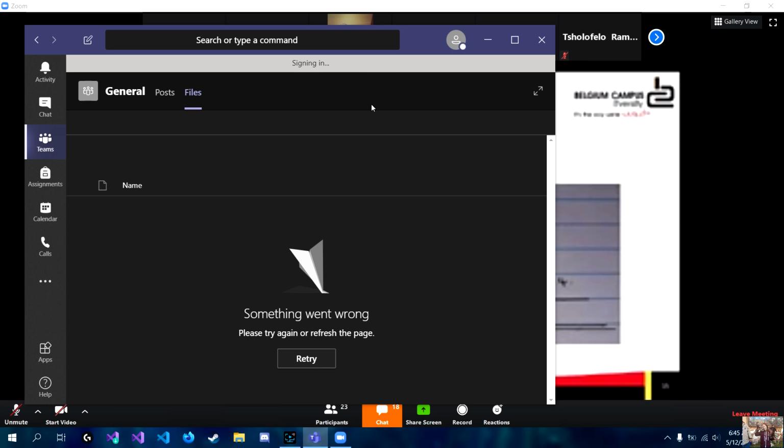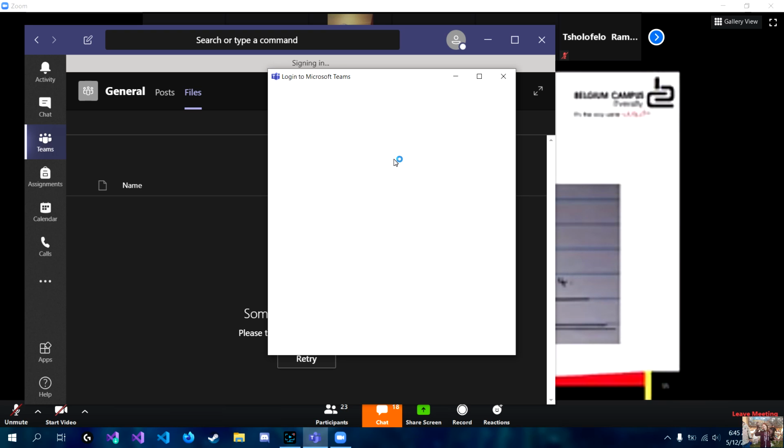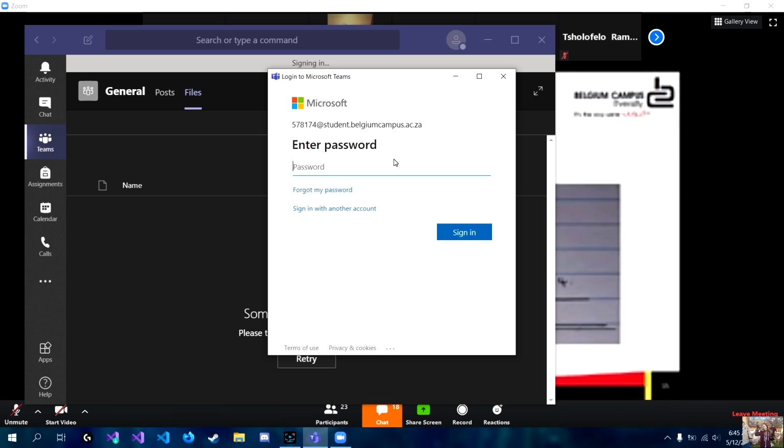Go to MS Teams. Under the class materials folder, in the assessments folder, 2.1 exercises, the one written exercise roots, that one.